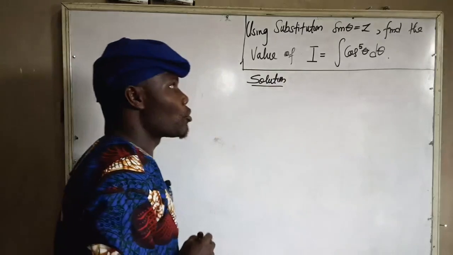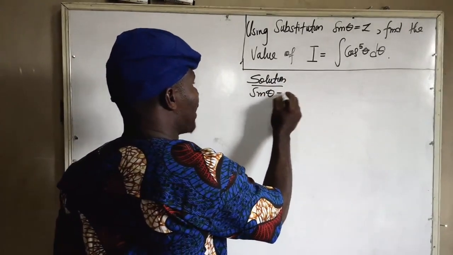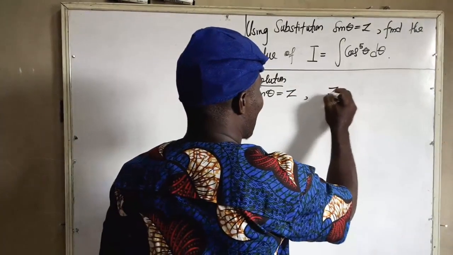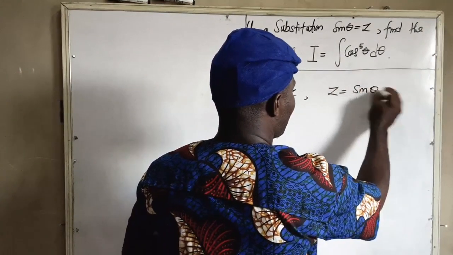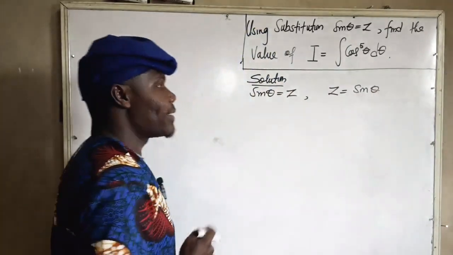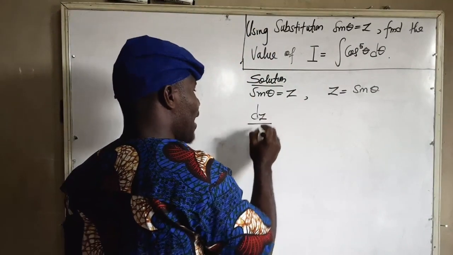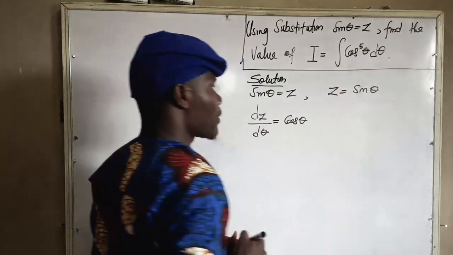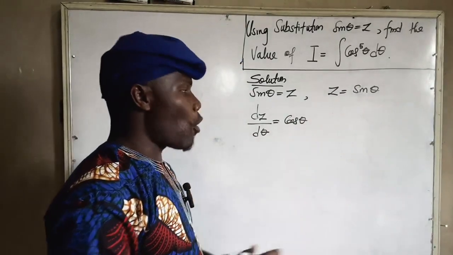So the first thing you are going to do is, it has been given that sine theta is equal to z. So let's say that z is equal to sine theta. Let's differentiate z with respect to theta. We have dz over d theta is equal to cos theta, because the derivative of sine theta will give you cos theta.